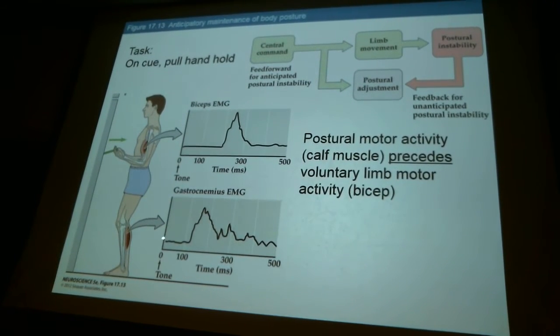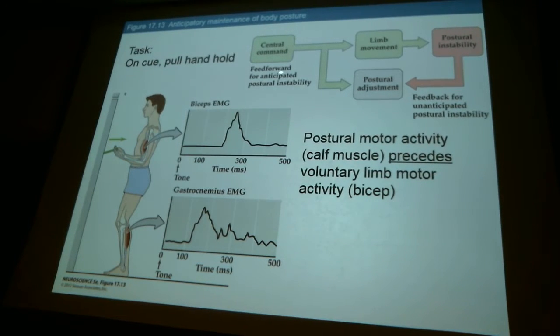Okay, so in this example, you have a signal. I think this is an EMG, yeah, gastrocnemius EMG. So you have a signal in your calf muscle before you even start pulling on your bicep muscle, activating the bicep muscle. And that's what we mean by this sort of feed-forward postural signaling.